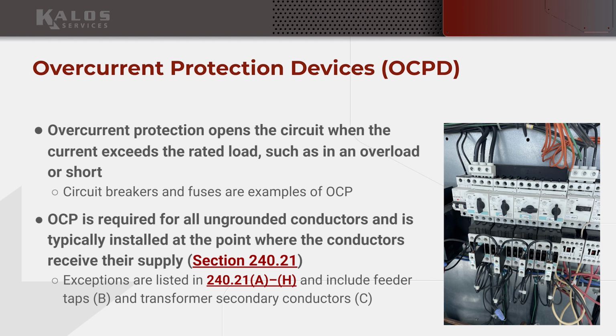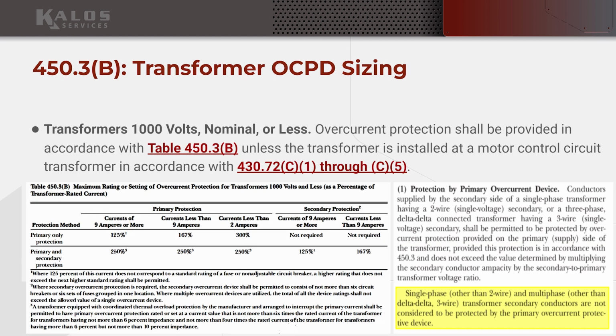Of course, we know overcurrent protection can be a circuit breaker or a fuse. Either is fine for protecting transformers. We have some rules here for how to go about sizing our overcurrent protection, and when we have to have secondary overcurrent protection and when we don't.